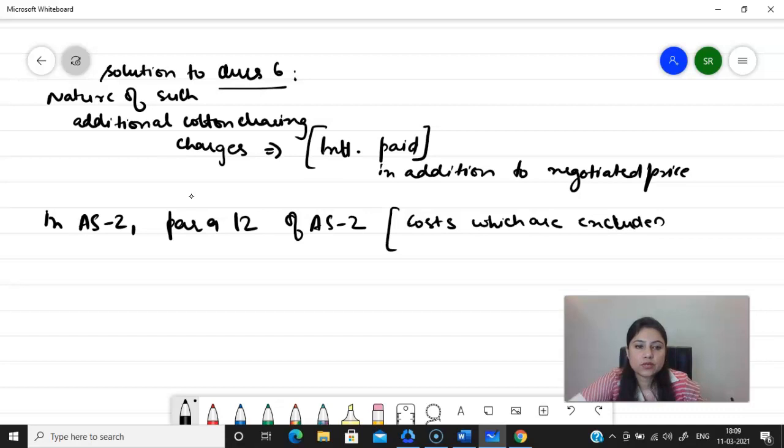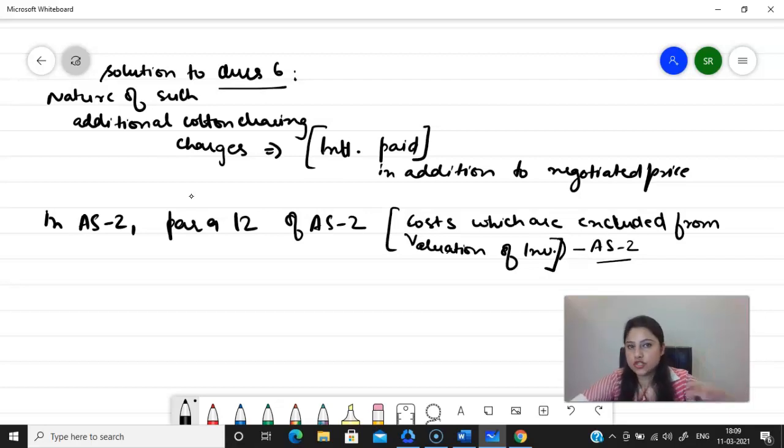from valuation of inventories as per AS2. Right, or as per para 12 of AS2.